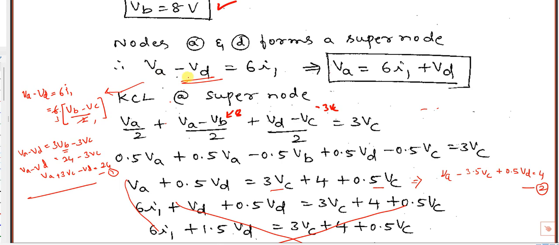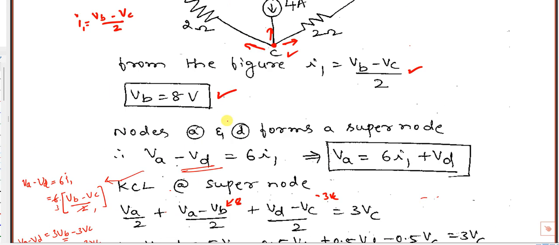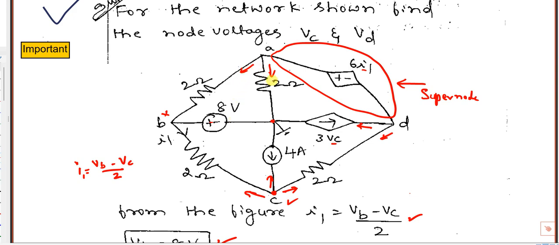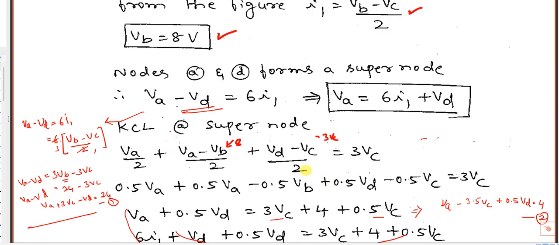Next, you have to write KCL for the supernode. Two currents this side, I already told, two currents this side and two currents this side. So we get VA by 2, VA minus VB by 2, VD minus VC by 2, minus 3 VC is equal to 0. Bring it to the right side, 3 VC, and 0.5 VA, 0.5 VA minus 0.5 VB, 0.5 VD minus 0.5 VC is equal to minus VC.